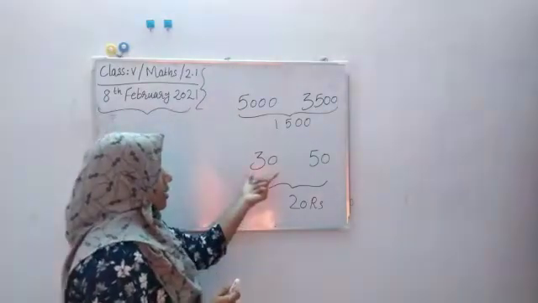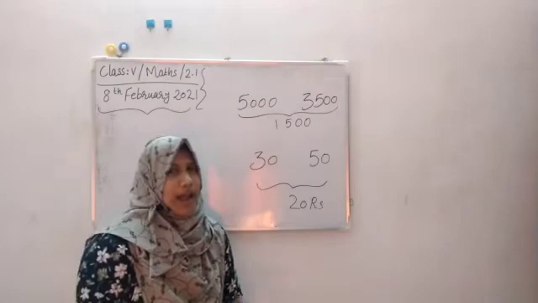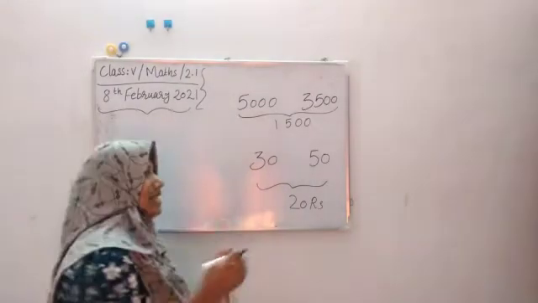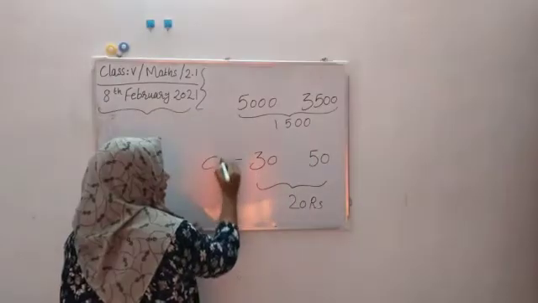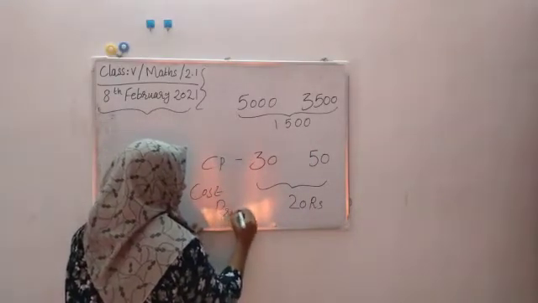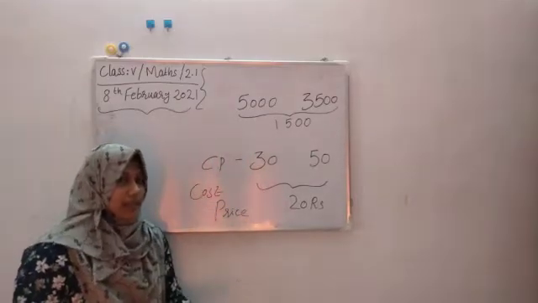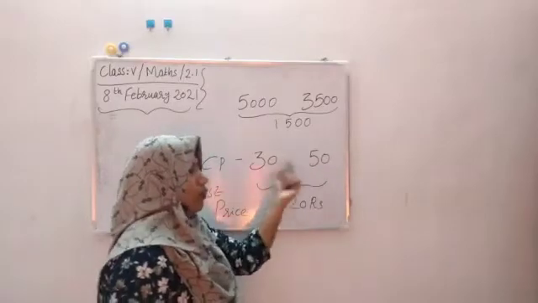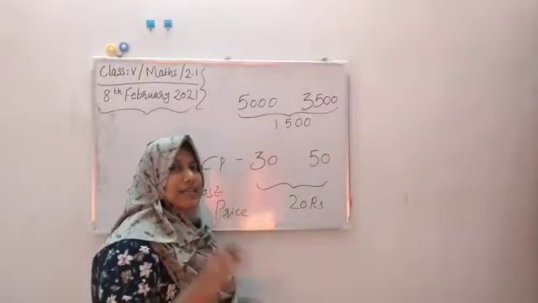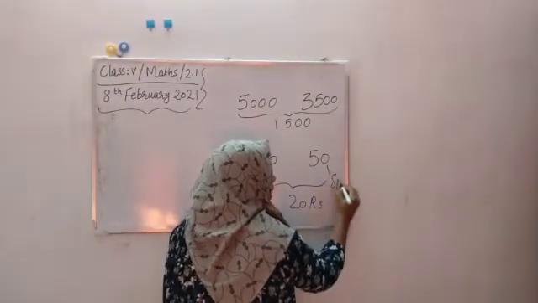So, the value for which we buy items, it's called, can you say? Yes, CP, that is cost price. And the value for which we sell items, it's called, yes, selling price, that is SP.